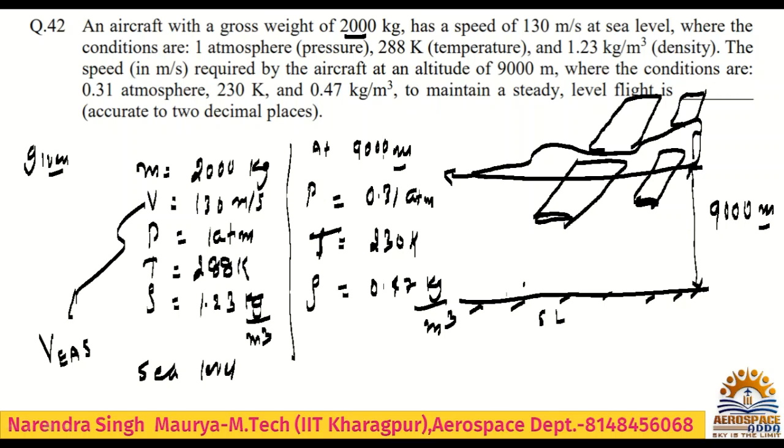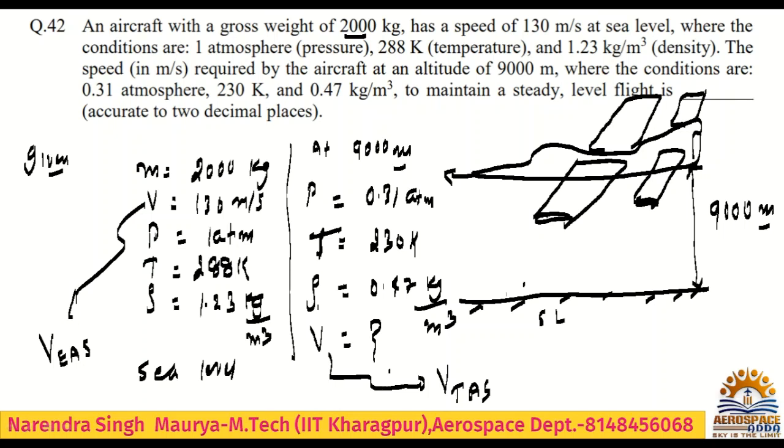And at any altitude, if this density is used, then whatever speed you calculate will be true air speed. Here they have not mentioned true air speed and equivalent air speed, but the meaning is the same. At 9,000 meter, because you are using density 0.47, whatever speed you get will be true air speed.